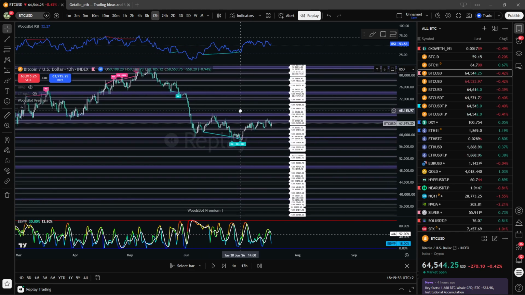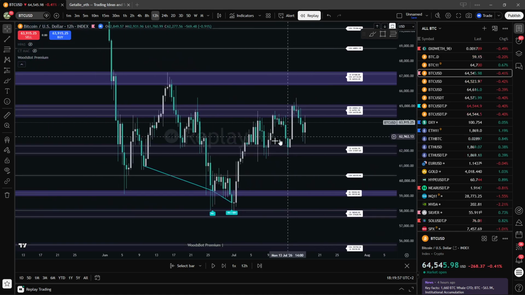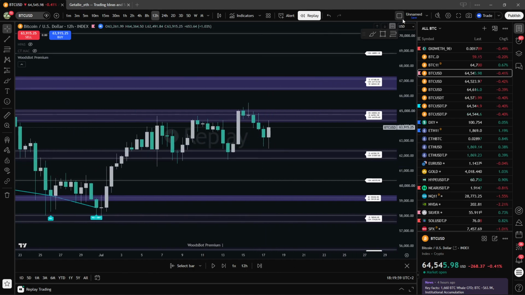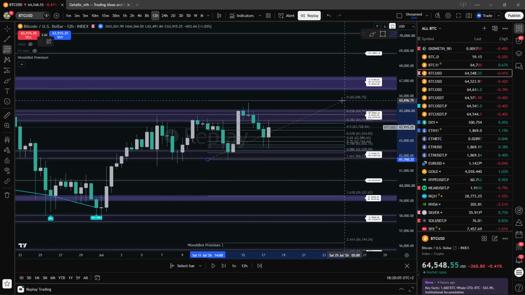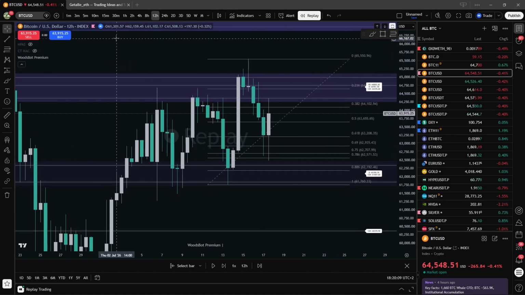let me go back to the 12-hour chart. What I was trying to say is that I plan my trades on the higher time frame, like the 12-hour. I was watching these Fibonacci levels, and then I saw price action coming into them.